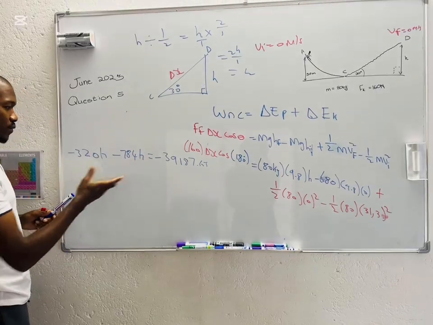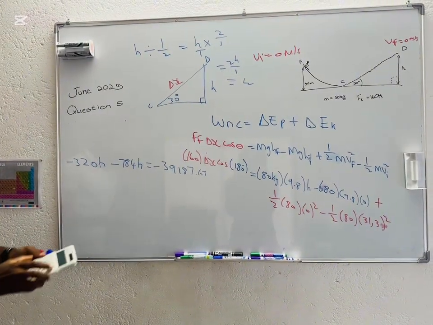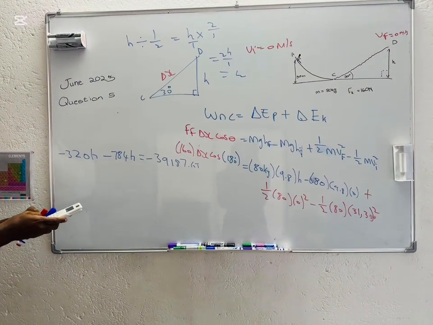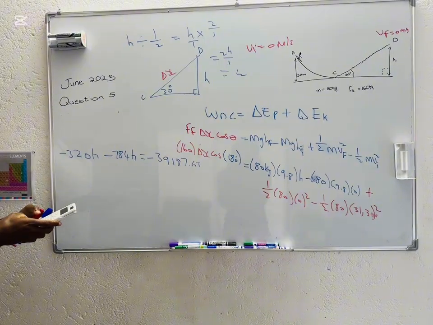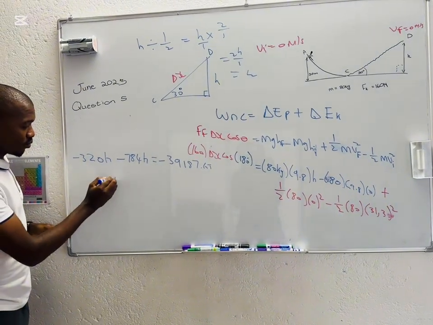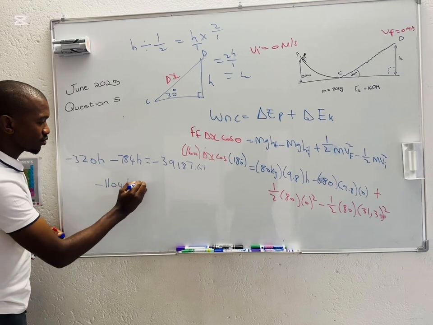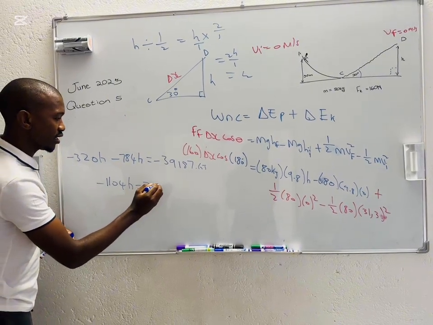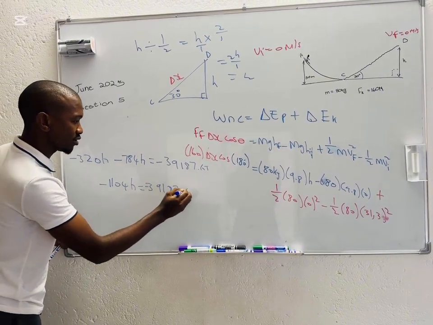Okay, and then from there we are going to say minus 784, and then I get minus 1104H equal to negative 39187,6 joules.